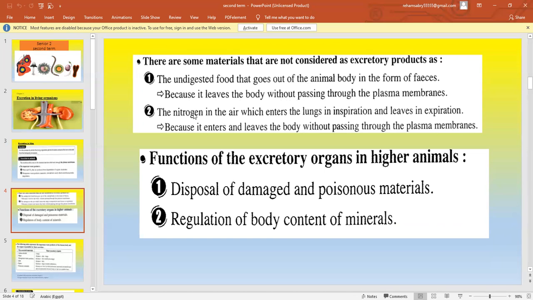Number 2, another material which is a waste but not considered an excretory product is the nitrogen in the air, which enters the lung in inspiration and leaves it in expiration, meaning inhalation and exhalation.